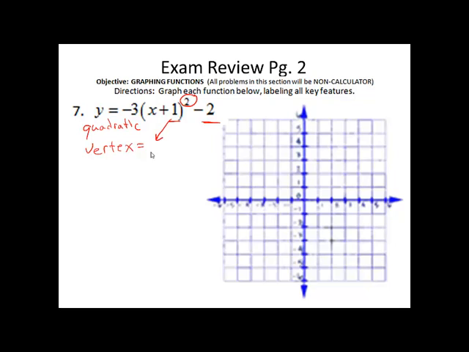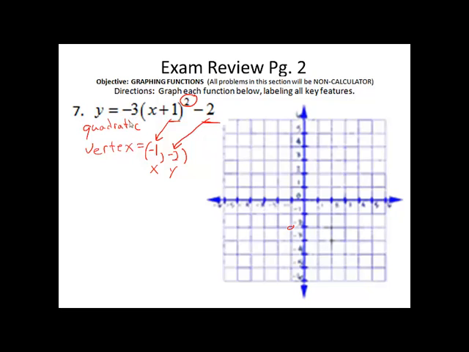So right here, our vertex value is going to be -1, and our y value for our vertex is going to be exactly what it says on the outside of the parenthesis, a -2. So I come down here, I go to -1, -2, and I plot my first point.